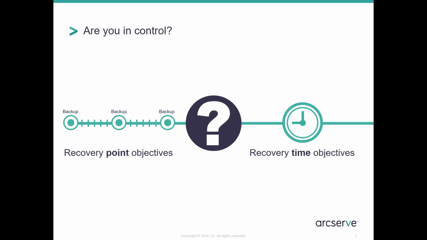So recovery time and recovery point objectives are DR terminology used to set service level agreements from the IT department to the business on the correct level of data protection: how frequently we need to protect the data, and what the SLA on the recovery is.